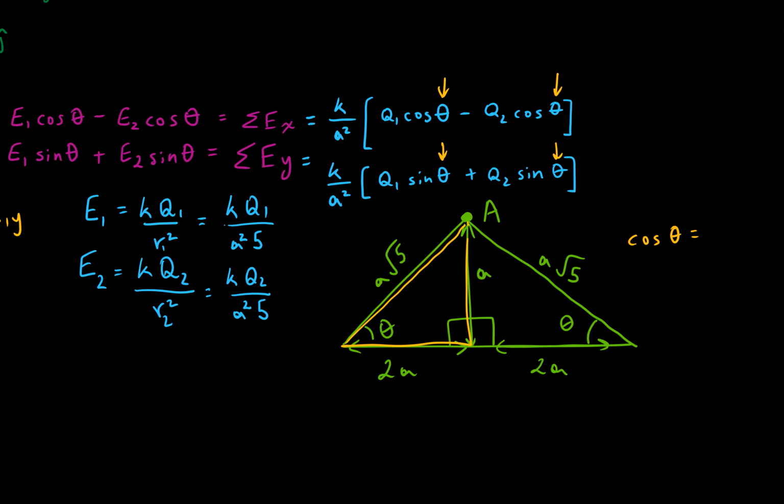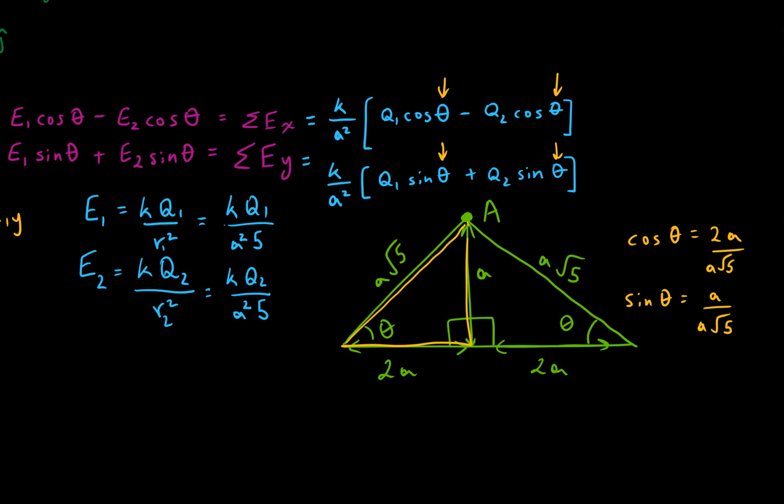Cosine of theta is basically 2A over A times the square root of 5, and sine of theta is basically A over A times the square root of 5.